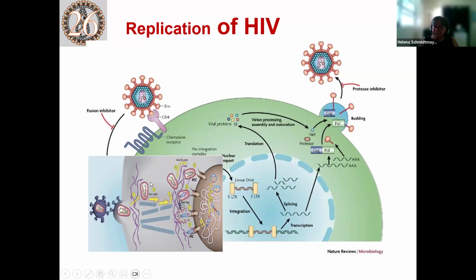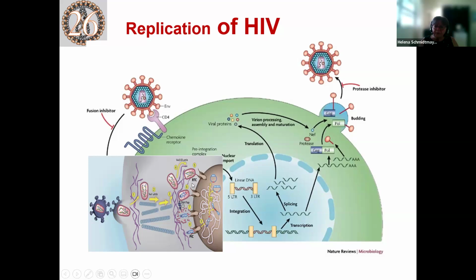tubulin via, you remember, dynein, the molecular motor which walks along the microtubules. And by hijacking this transport machinery, the viral nucleocapsid is traveling towards the nucleus. During this time, the viral RNA is retrotranscribed into double-stranded viral DNA.